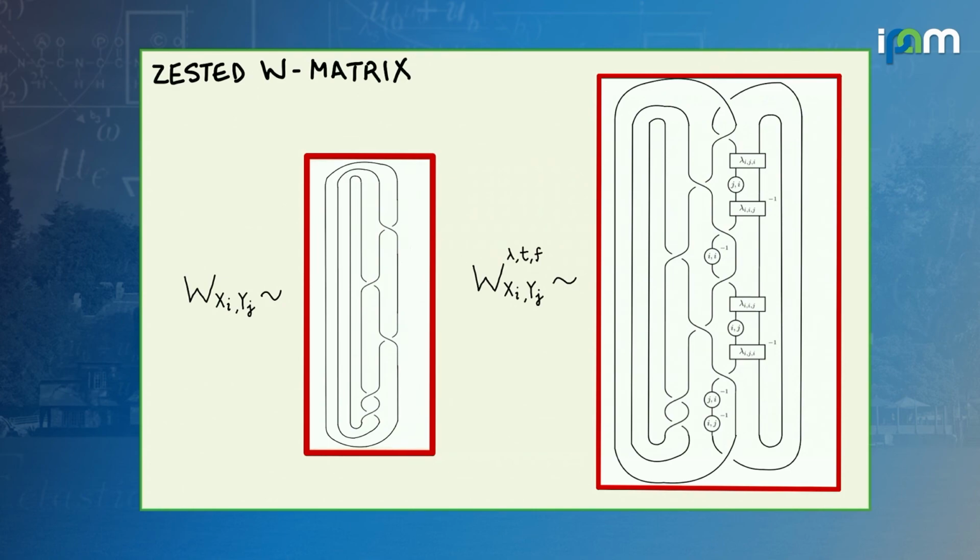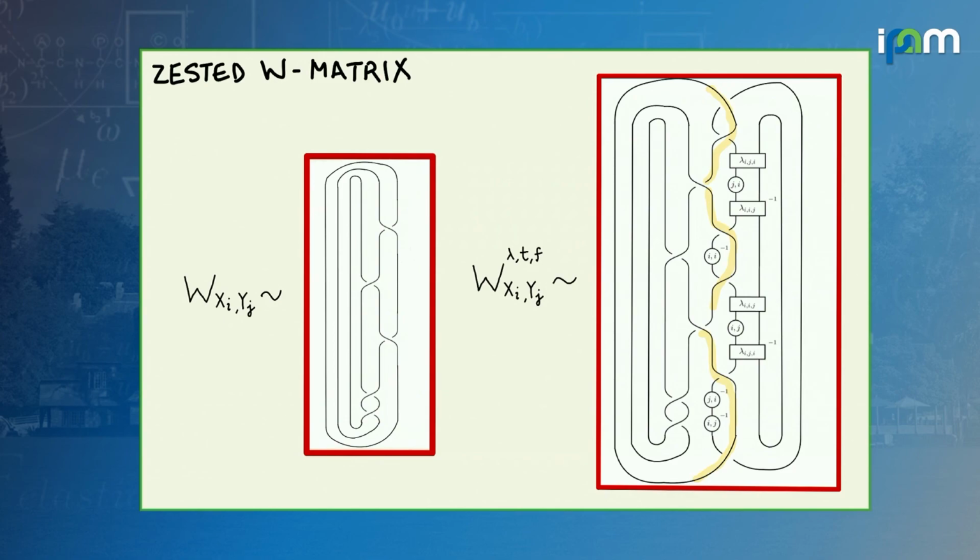And if you do this, what you find is that under zesting, these invariants, these quantities transform in the following way. They decouple into two pieces, one of which is the original invariant. So the thing that you started with, your original S, your original T, in this case, your original Whitehead link. And then a piece that depends only on zesting data and the gradings.